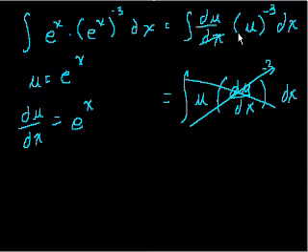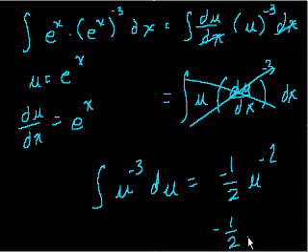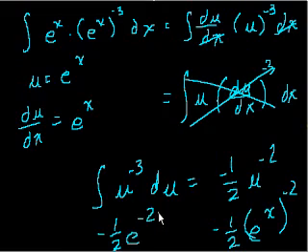So this simplifies to the integral of u to the minus 3 du, and that equals, you raise the exponent by 1, minus 1/2 u to the minus 2, and that's the same thing as minus 1/2 e to the x to the minus 2, or we could view that as minus 1/2 e to the minus 2x, and of course plus c at the end.